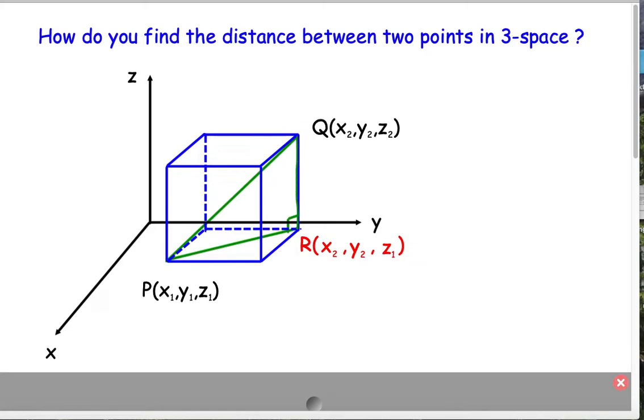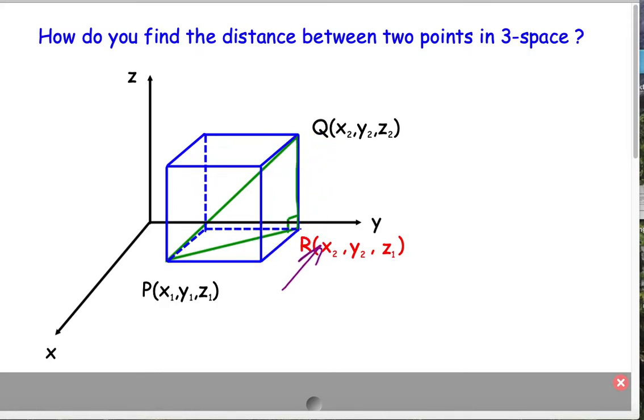There. Okay, now if you notice, R has the same x and y coordinates as Q, because it's directly below it. I'll draw an arrow so I can point to this. So notice this point here has the same x and the same y as this point up here.